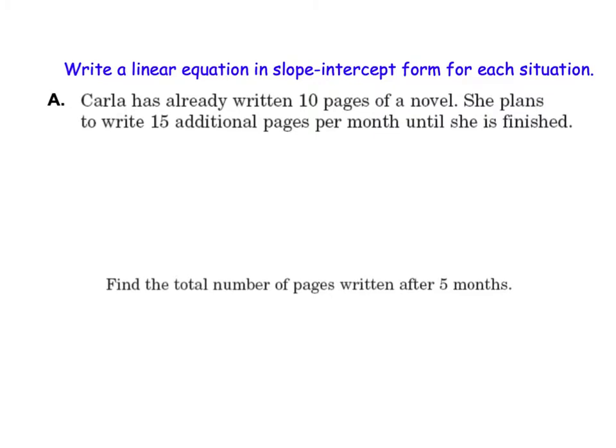So let's try a couple. Carla has already written 10 pages of a novel. She plans to write 15 additional pages per month until she is finished. We are going to use slope-intercept form. So we are going to use y equals mx plus b. So we'll start with y equals. How does Carla move her pages?